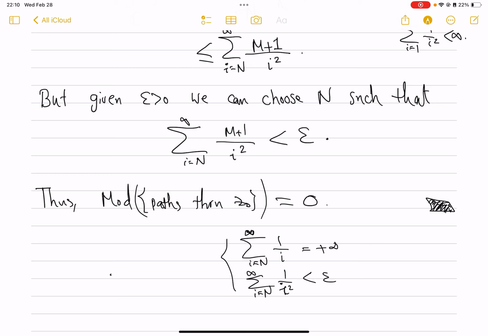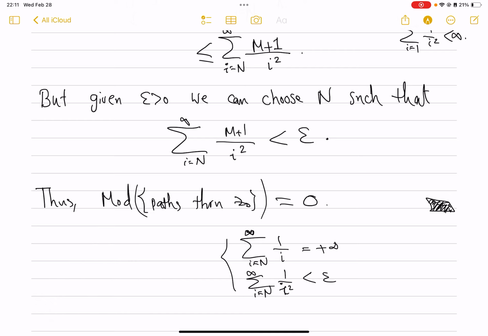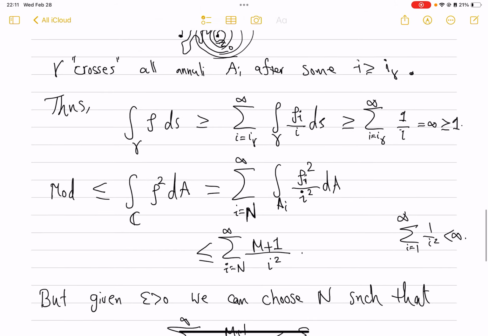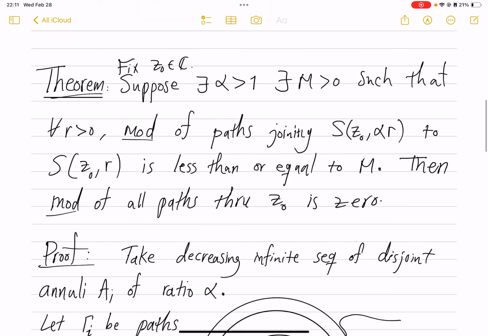We divided into pieces, and the upper gradient that we found was basically 1 over I in the I-th cut. The nice point behind this is that you can do it with different notions of modulus.